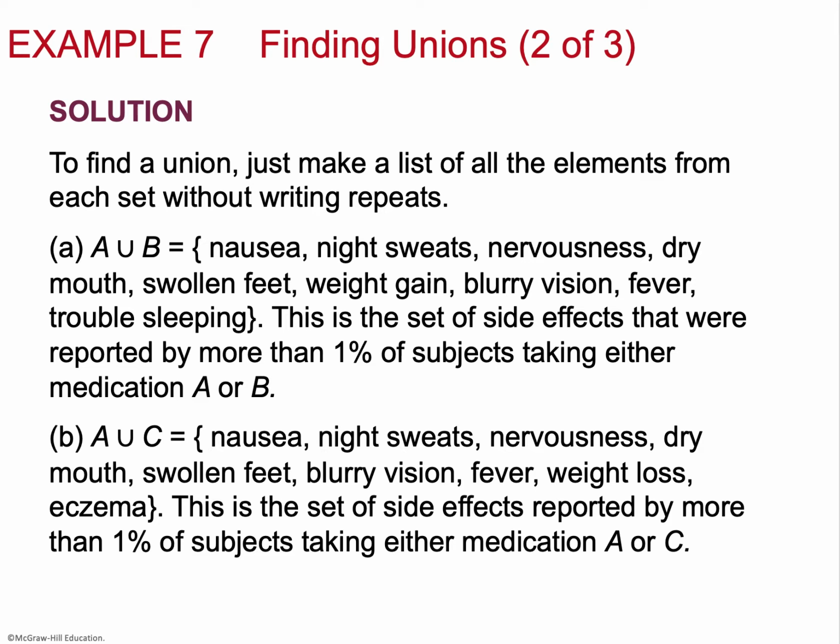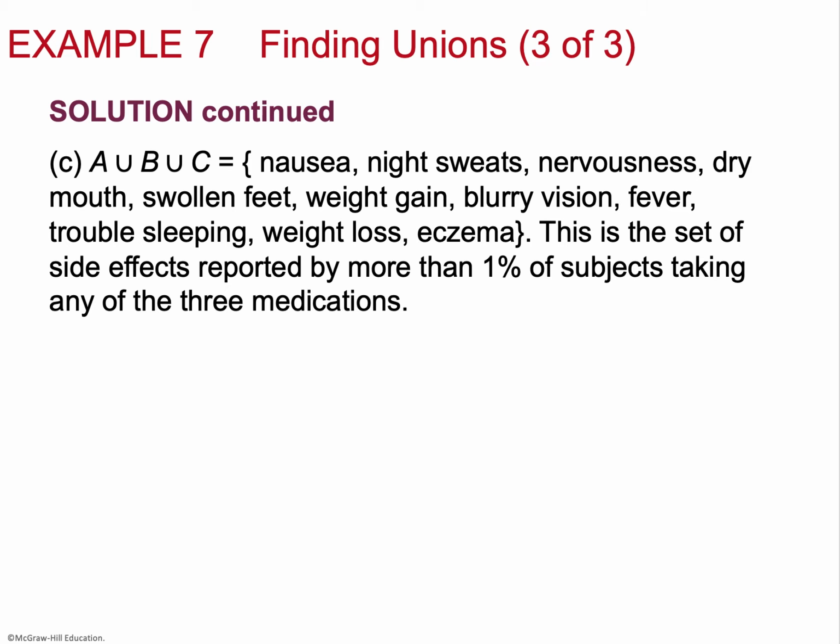So I'm combining all of the elements of A with all of the elements in B. So A or B. A or C means take all the elements of A, combine them with the elements of C. And then A or B or C means take all of A, all of B, and all of C.